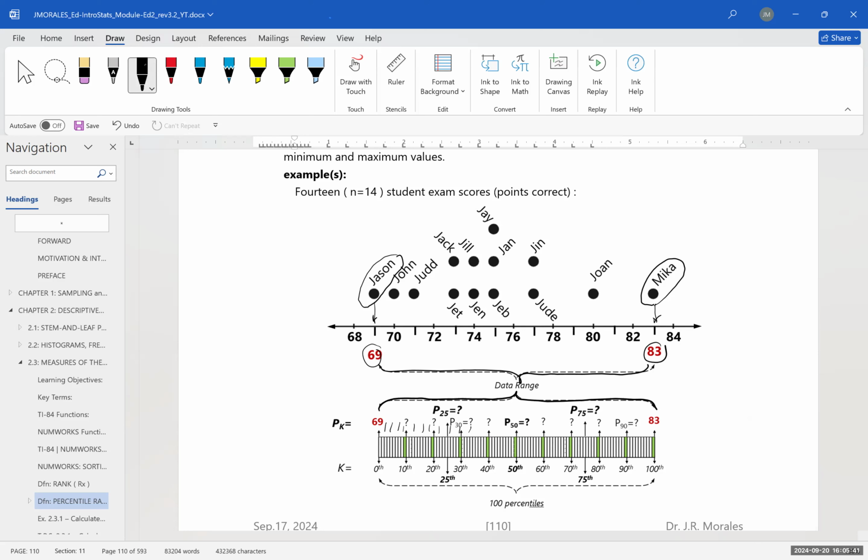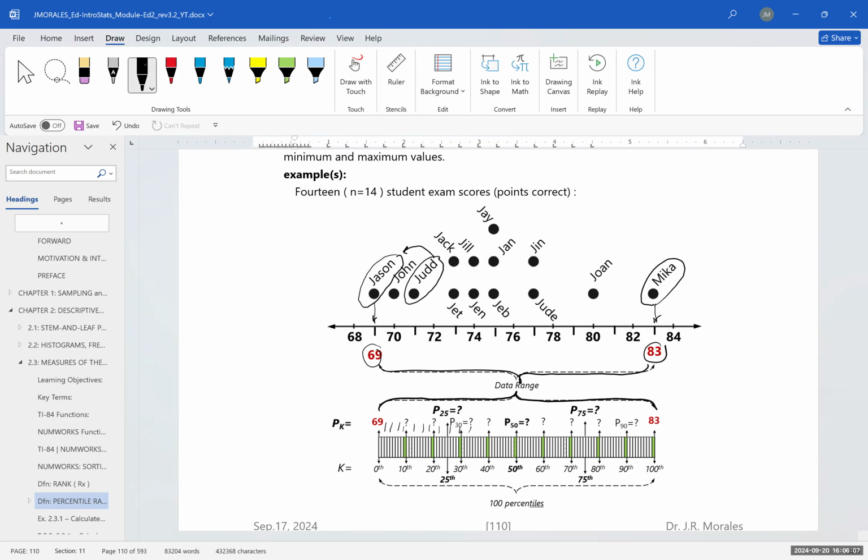Percentile rank is a way of ranking student scores relative to other students. We're going to see how Judd's score is ranked relative to Jason and everyone else below him.